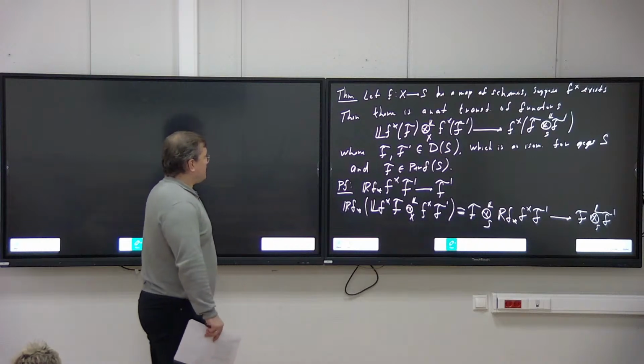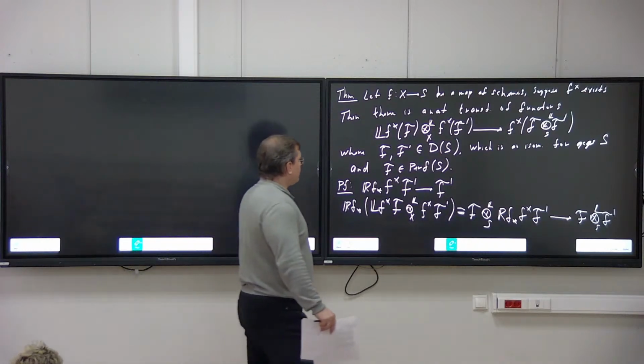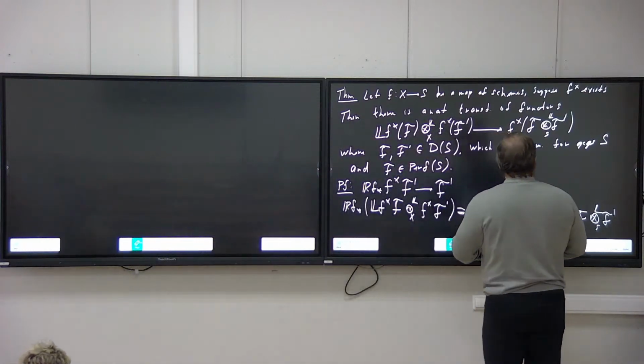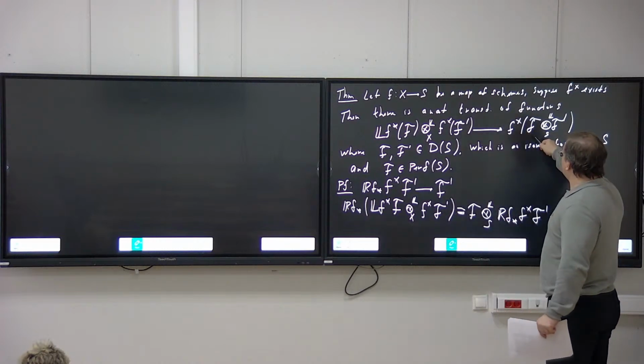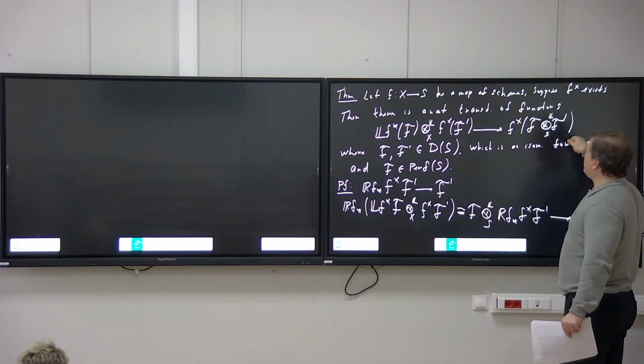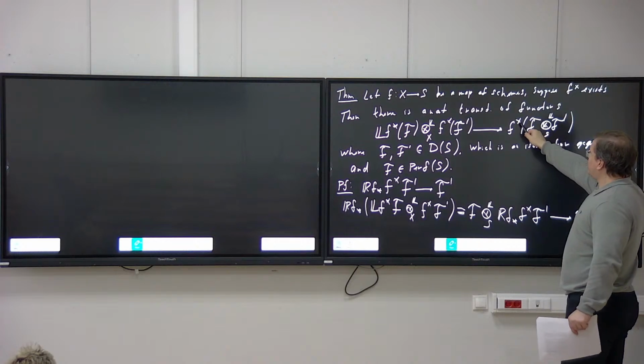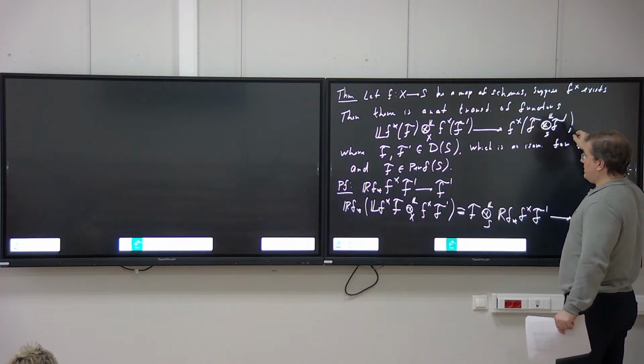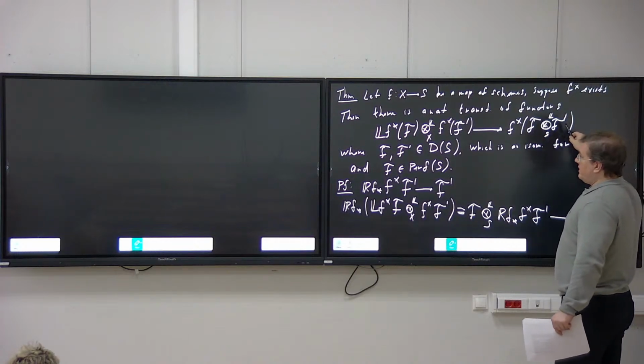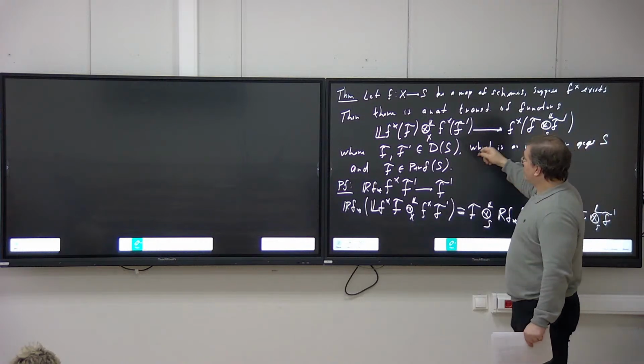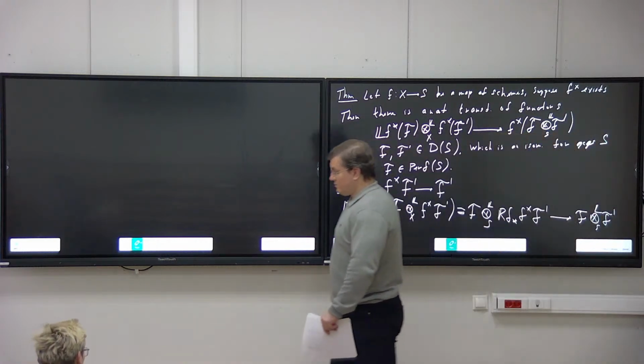So let's look at why this is true for a perfect F. For example, let's take F to be the structure sheaf. Then I don't do anything here, I just take the f cross and apply it to the F prime, and the same will be here if F is the structure sheaf.